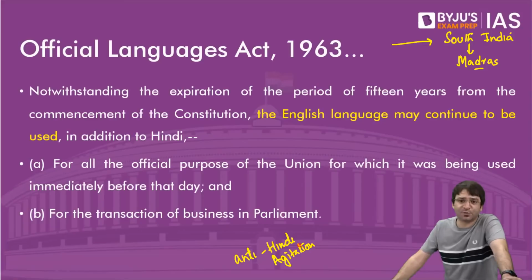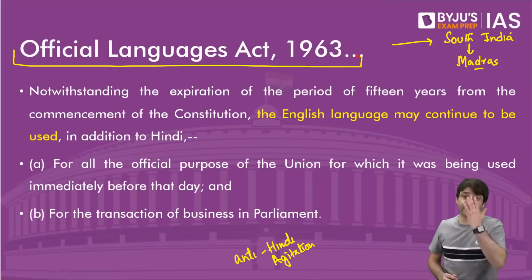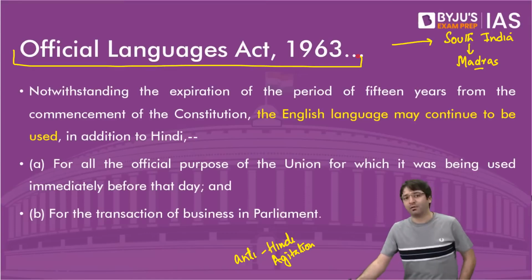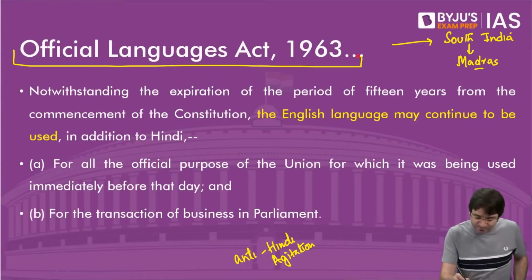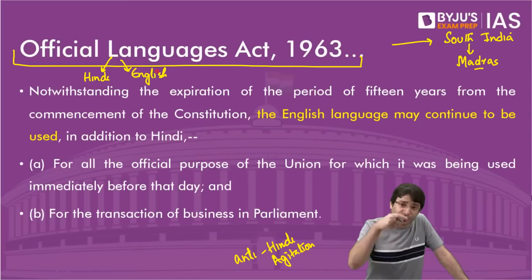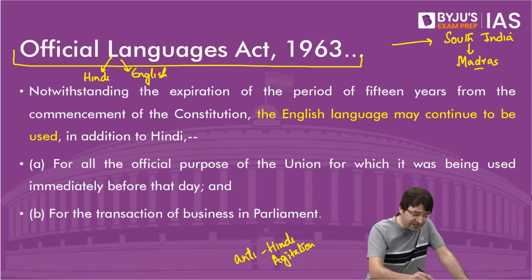Ultimately, a compromise was reached. What was the compromise? The Official Languages Act was passed by the Indian Parliament in 1963. And this law says that both Hindi as well as English will continue to be the official language of the union, notwithstanding anything.